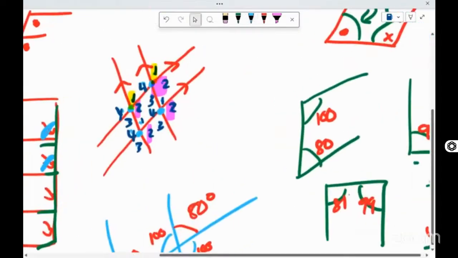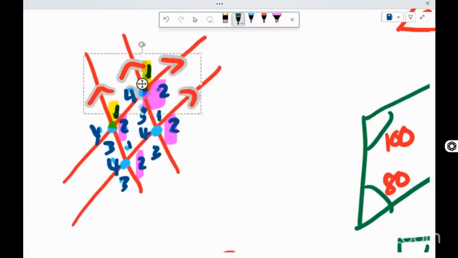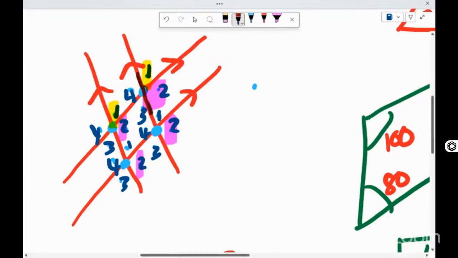If we're looking at something like this for corresponding angles, in this instance we can see that each point where the lines meet will have 4 parts to it.